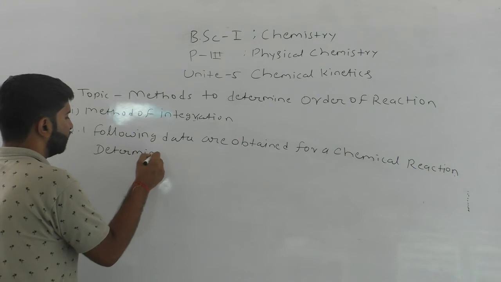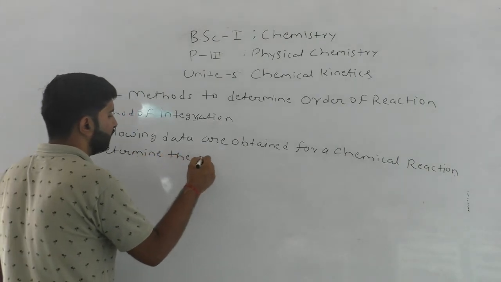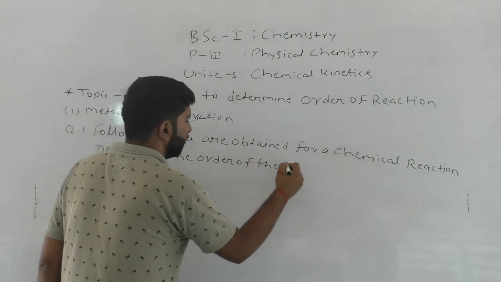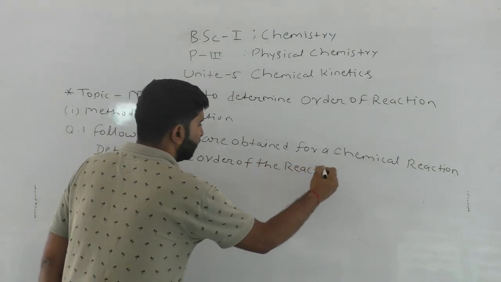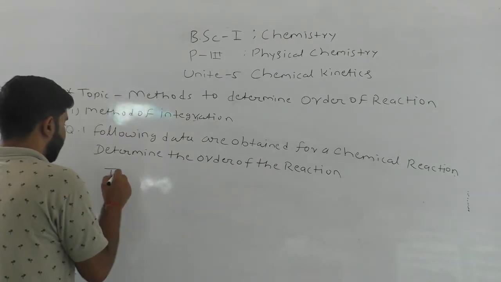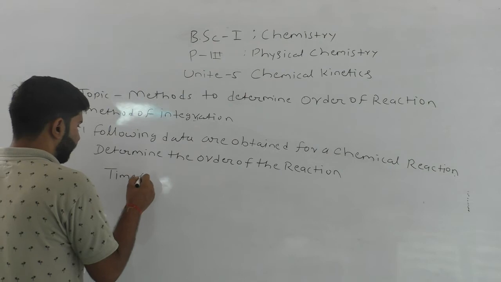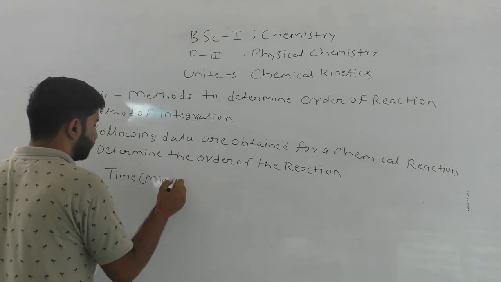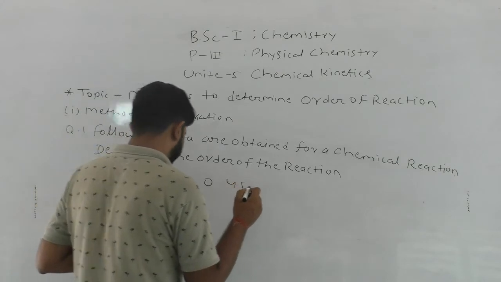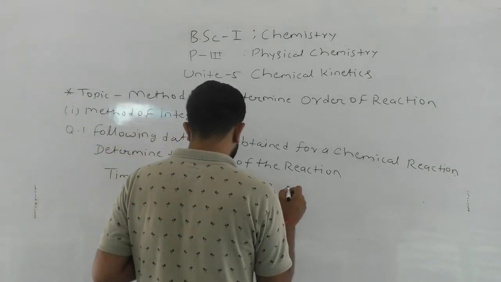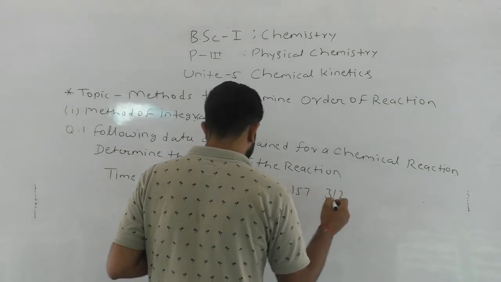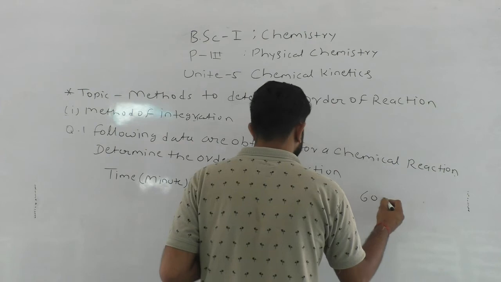Determine the order of the reaction. The data are: time, which is in minutes, 0, 45, 72, 157, 312, 600.